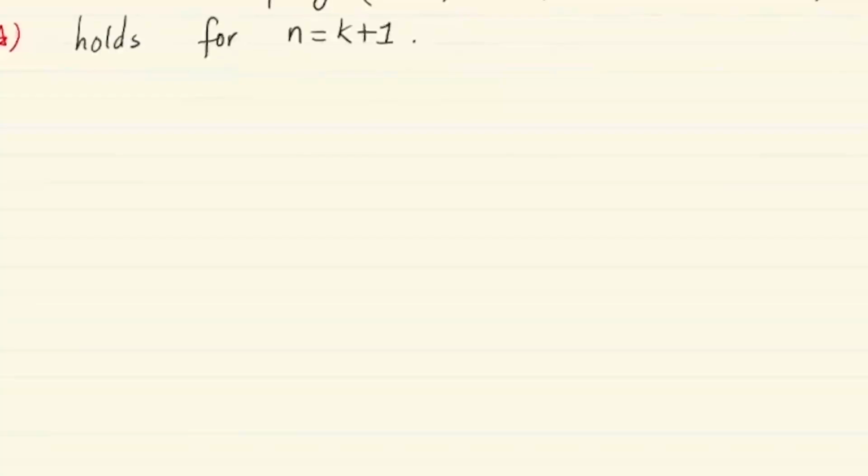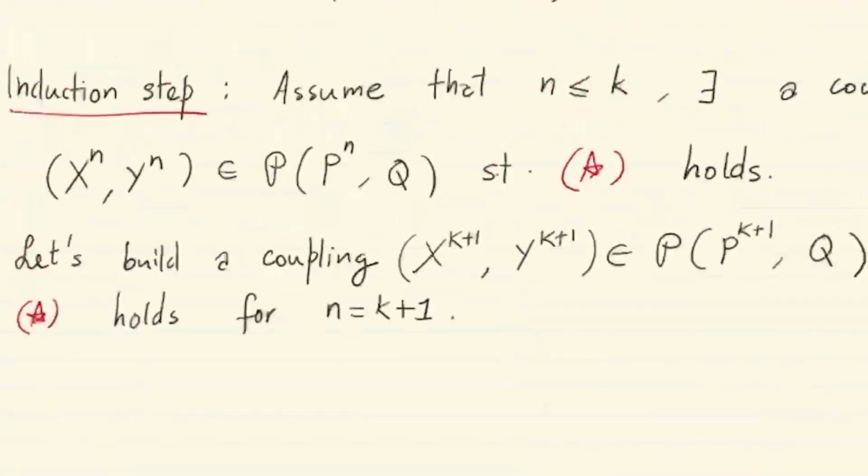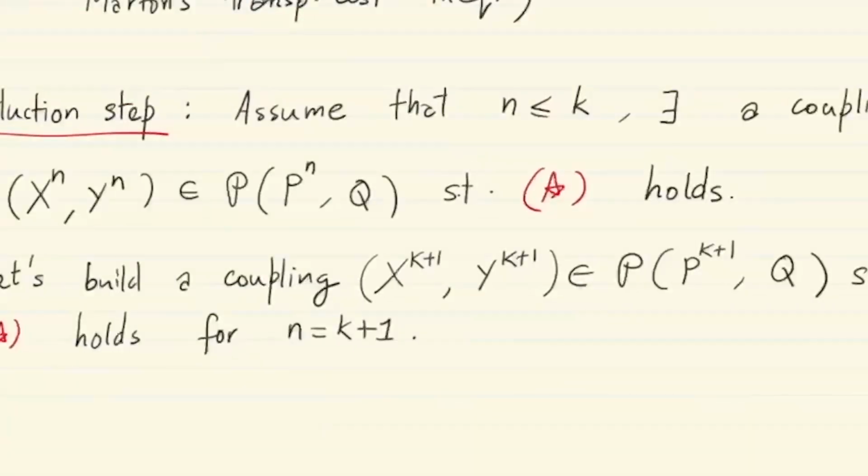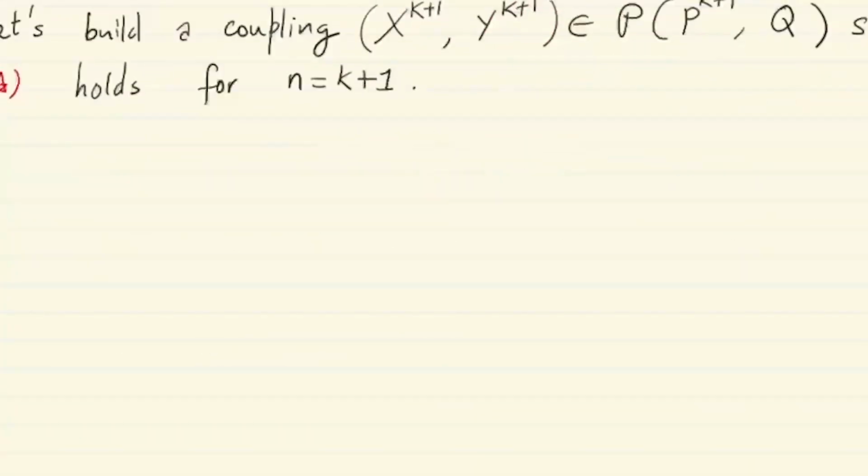So the idea is exactly the same as what we did to extend the induction hypothesis for Marton's transportation cost inequality. So what is the idea here? In words, let's say you have a coupling in your hand, which can couple x_1 through x_k to y_1 through y_k. And what we would like to do is to extend this to a coupling between length k plus 1 sequences on the top and the bottom.